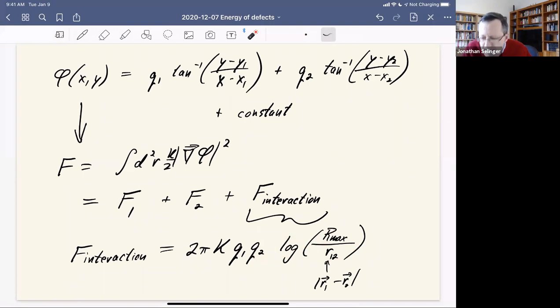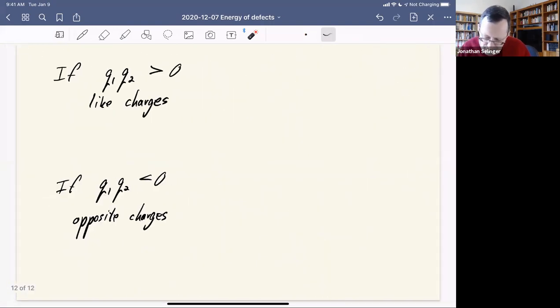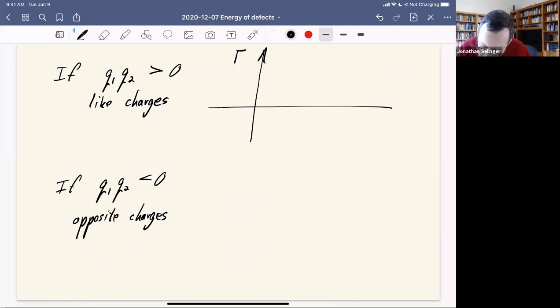So that makes a negative log of the defect separation. So that means the free energy for the interaction as a function of the spacing is a negative log. It is a decreasing function like that.